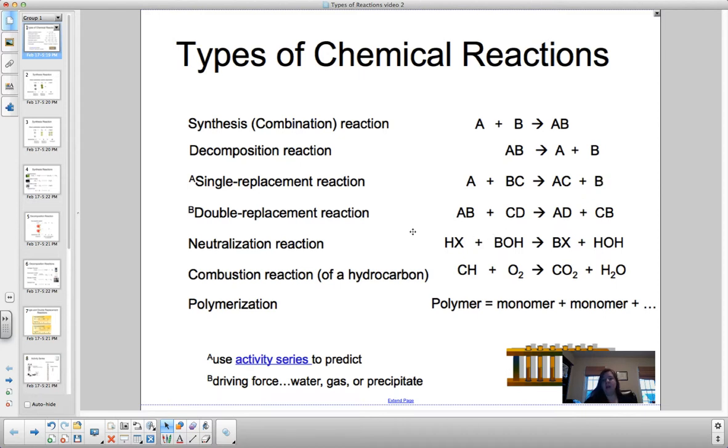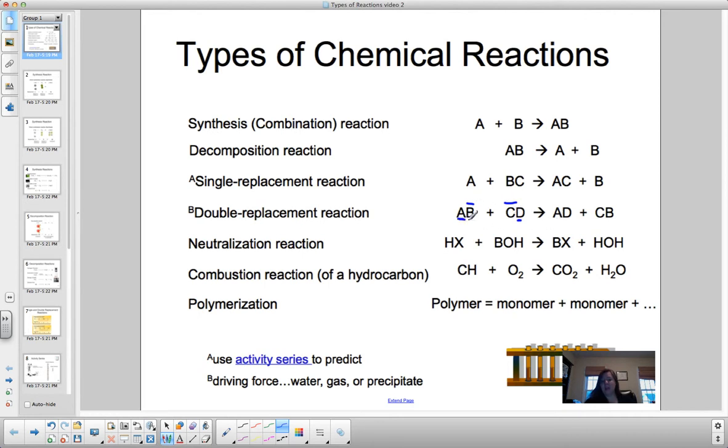We have the fourth type, which is a double replacement reaction, and its generic formula is AB plus CD. If you notice here, the A, which is the cation in the first reactant, will go with this anion, and then these two go together.